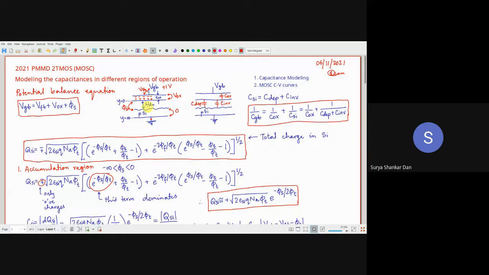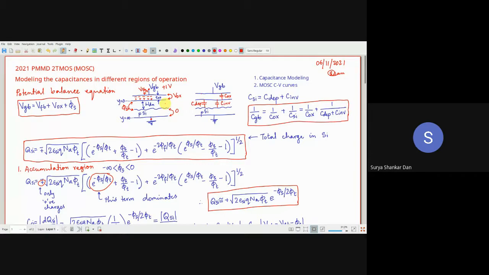So if this is the depletion region, what charges are there in the depletion region? Only one kind of charge initially. Later on, it will be two kinds, but initially it will be only because of the immobile ions. If this is P silicon, with boron as the dopant, they will all be B minus everywhere. So that means immobile ions in the depletion region.